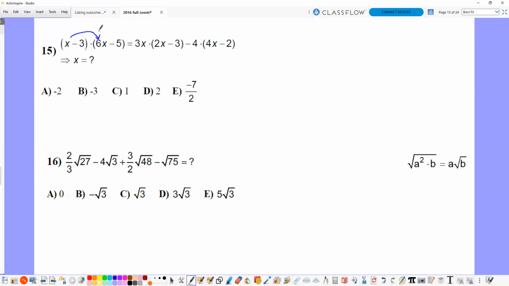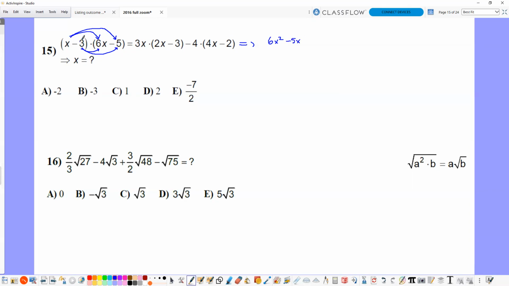I'm going to multiply all the terms one by one, the first terms by the second terms. Here, I'm going to multiply these two. On this side, x times 6x is equal to 6x squared, and x times minus 5 is equal to minus 5x.